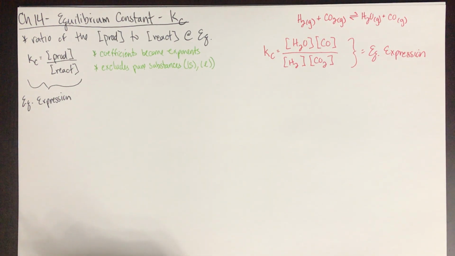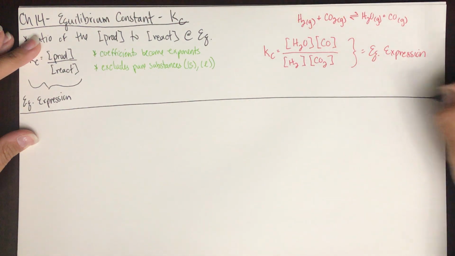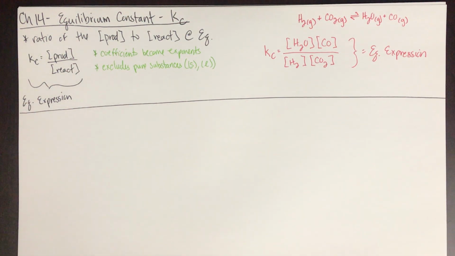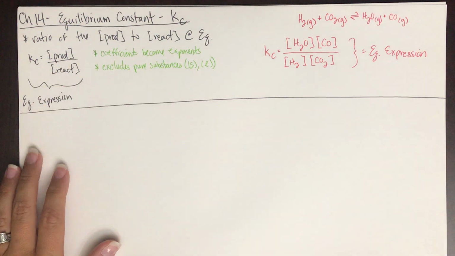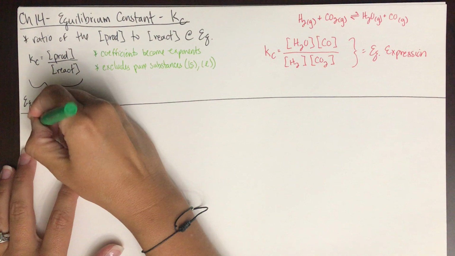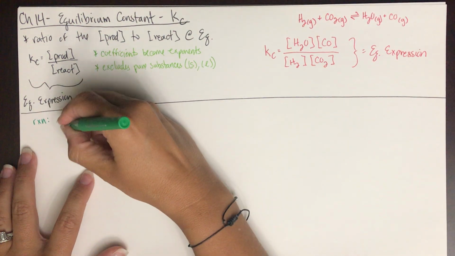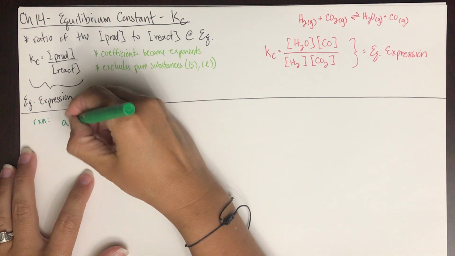Let's do another example of writing an equilibrium expression where we can apply some of these rules. So let's look at a different reaction. I'm just going to use kind of a generic one. So let's say here is a reaction. The little letters in front are going to be the coefficients.